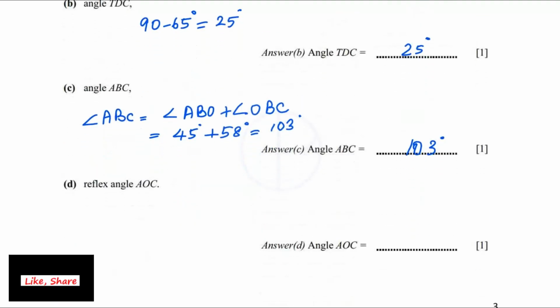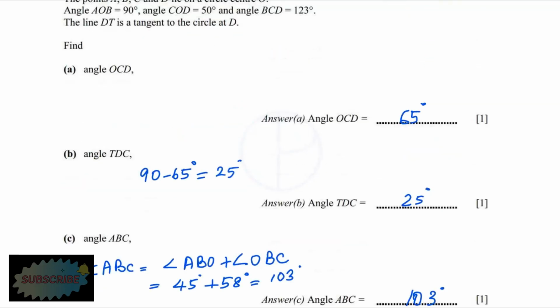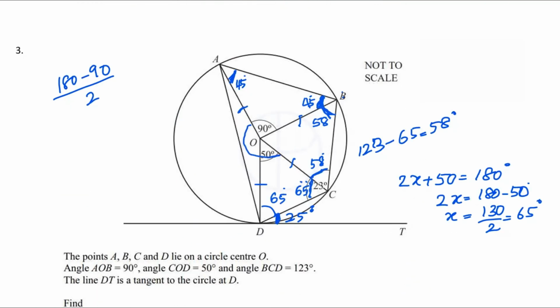Next, find the reflex angle AOC. So this is the reflex angle. To find the reflex angle AOC, first let's calculate this part. In the triangle OBC, we know two angles, 58 and 58. So what will be the third angle?